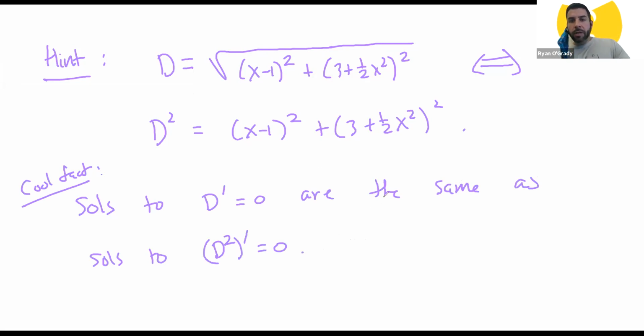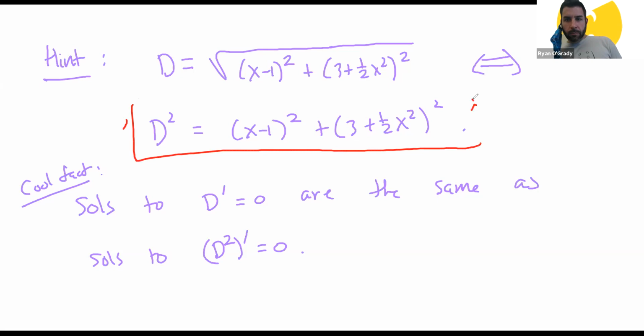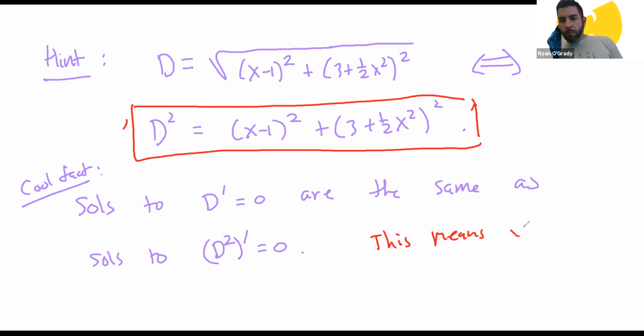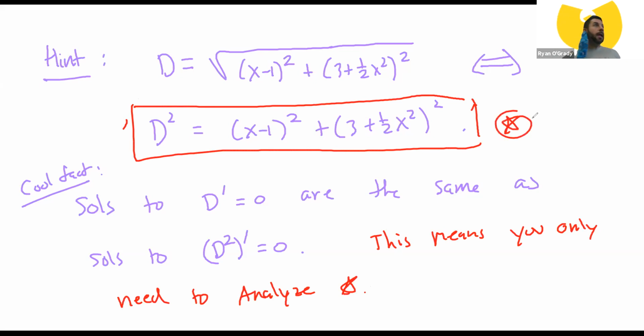So really, you only need to study, and this is a good shortcut that will save you time. So this means you only need to analyze star. That'll save you some ugly derivatives.